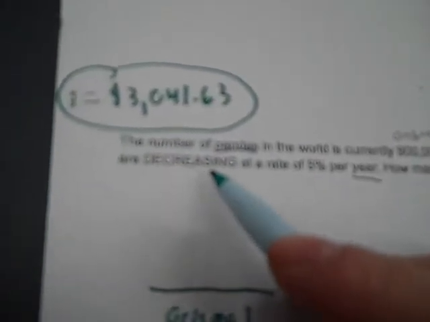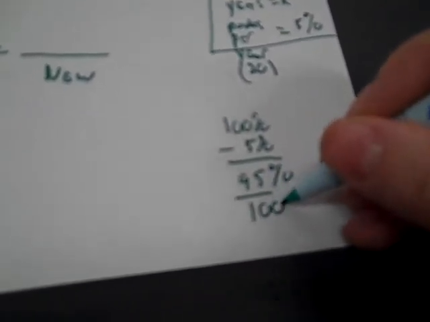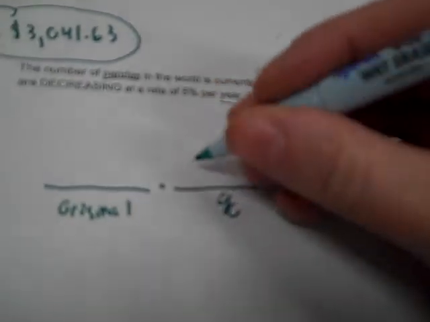Okay, get your percent first. So you got 100%, but this time in big capital letters it says decreasing. So that would be minus 5%, and that takes me to 95% as my decay factor. So then I divide by 100. That's 0.95, and that's your percent.